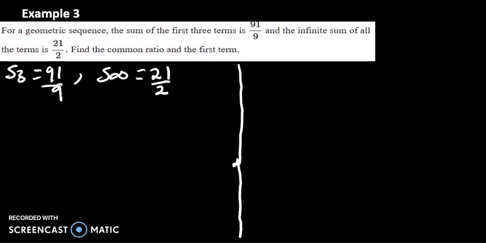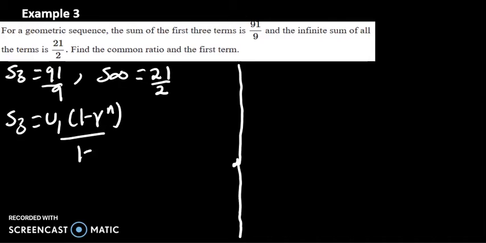So let's start with the finite. S3 is u1 times 1 minus r^n, divided by 1 minus r. S3 is 91/9.